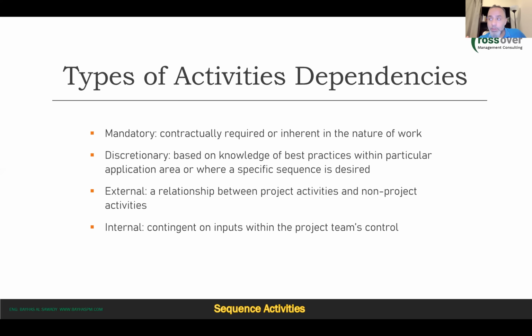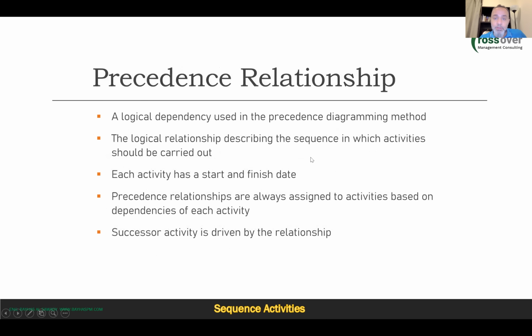When would these resources be available, and when would these resources not be available, because they're engaged in other projects and other department work and so on. Okay, so this is an internal dependency that I need also to take into consideration. Now, whatever the type of dependency that you determine, you determine the relationship, the precedence relationship.